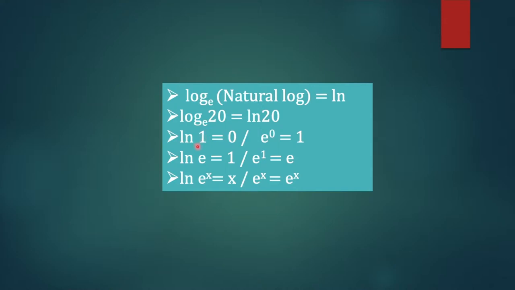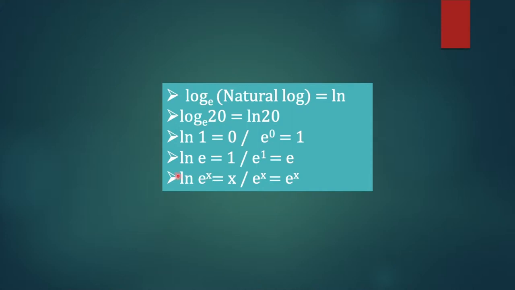That is why ln 1 equals 0, because e to the power 0 is 1. What is the power of e to become e? As we know, anything to the power of 1 is the same thing, e to the power 1 equals e. So ln e is equal to 1.